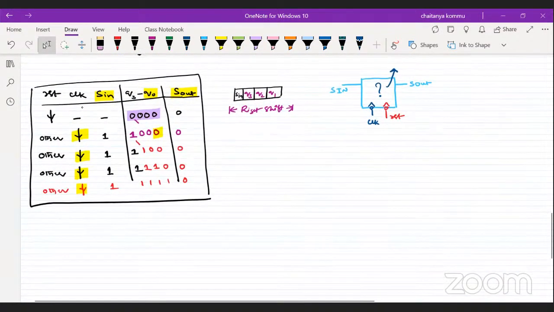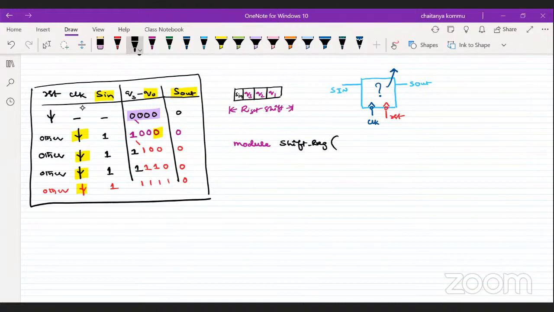What we observe is: module shift_register. I would like to write a shift right. We have SIN, clock, RST, S out.